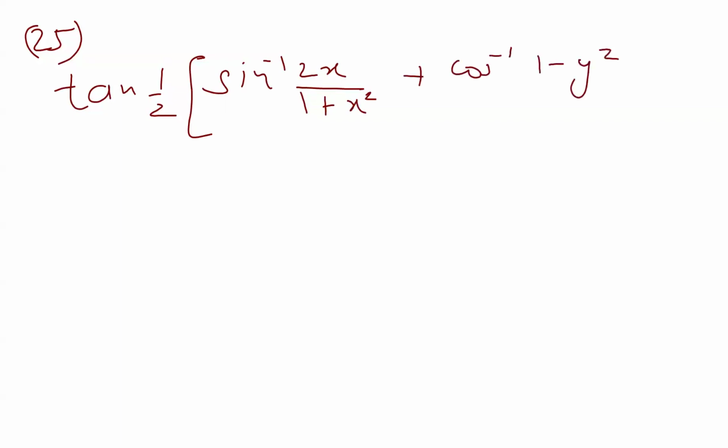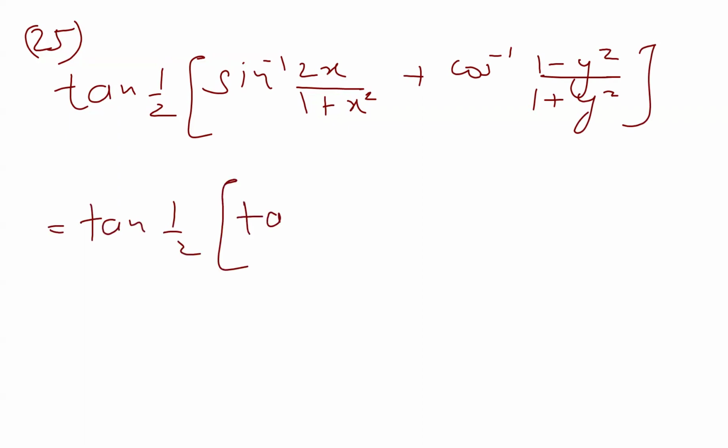Next problem, question number 25. Tan of half of sine inverse 2x upon 1 plus x square plus cos inverse 1 minus y square upon 1 plus y square. So this gives me tan of half, this will be 2 tan inverse x and this will be 2 tan inverse y.